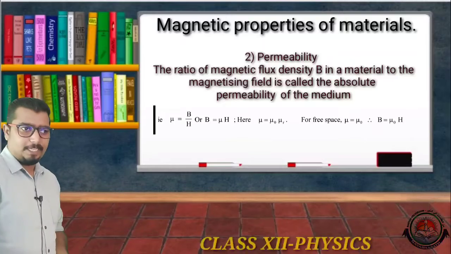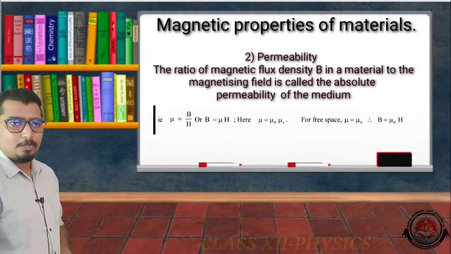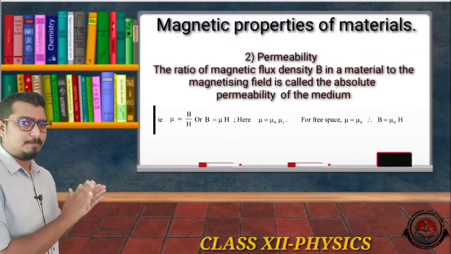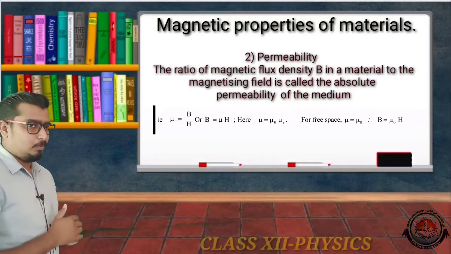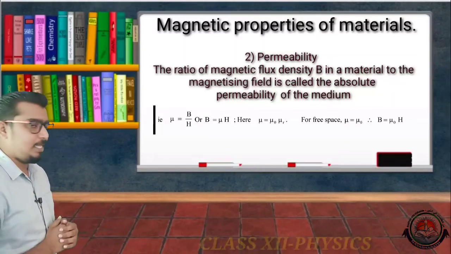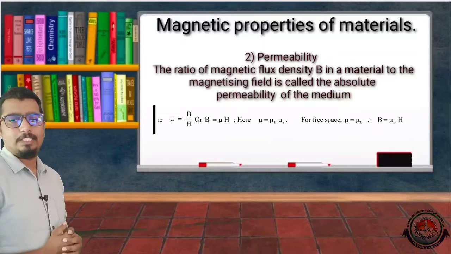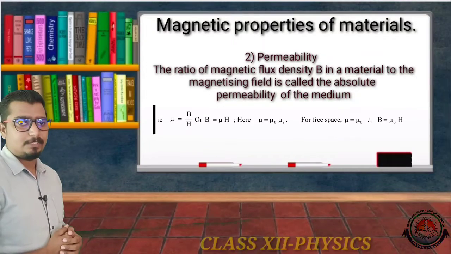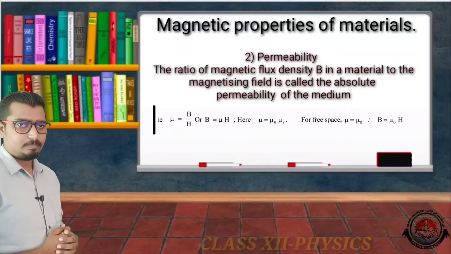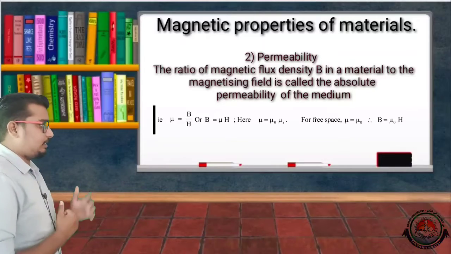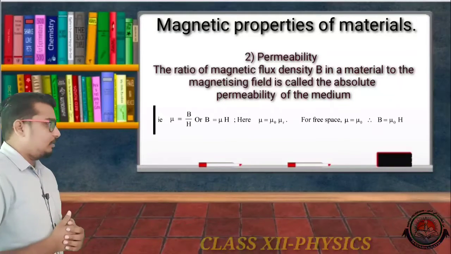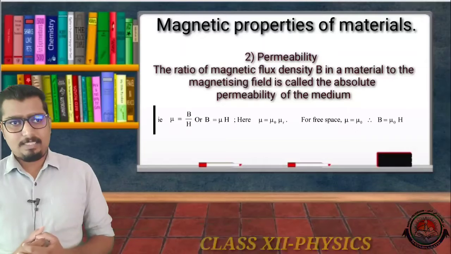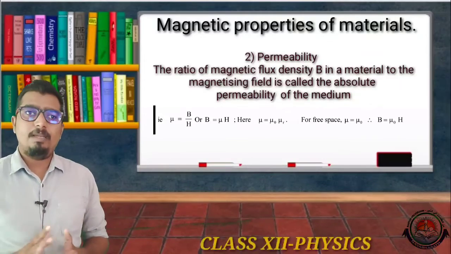For free space, mu equals mu 0. Then B equals mu 0 H. This is the permeability, the second property of the magnetic materials.